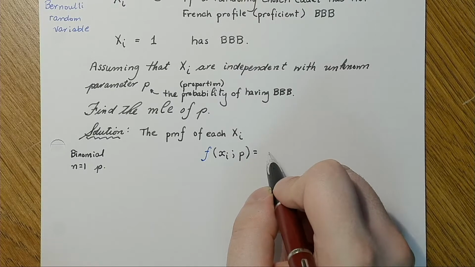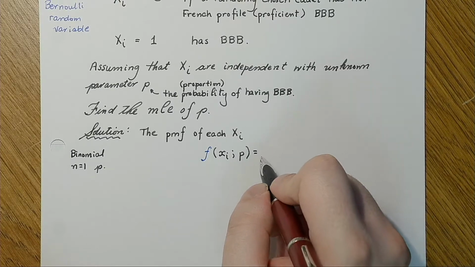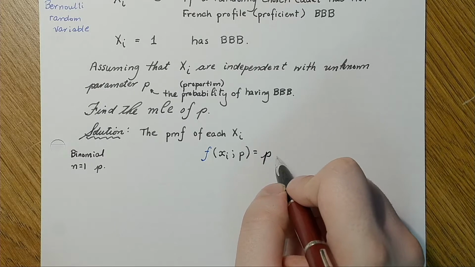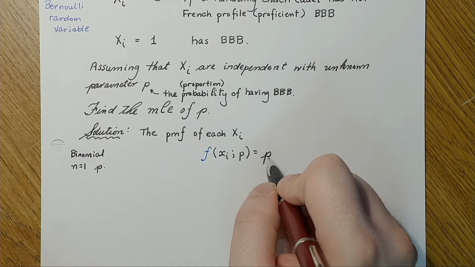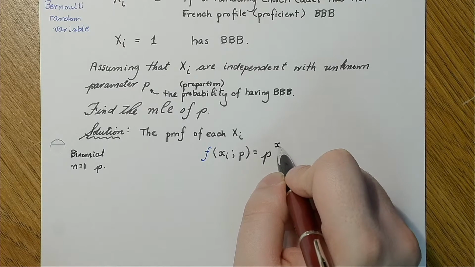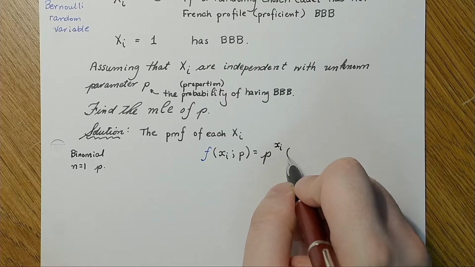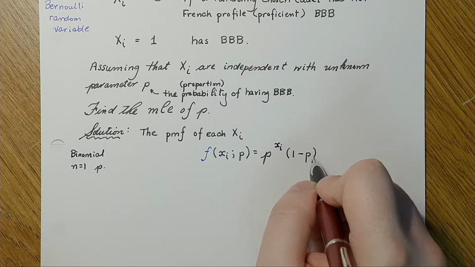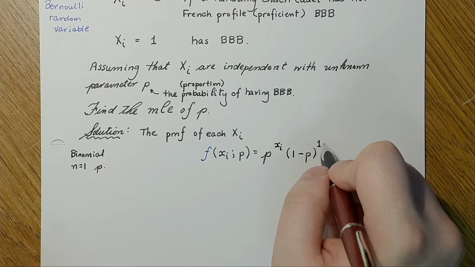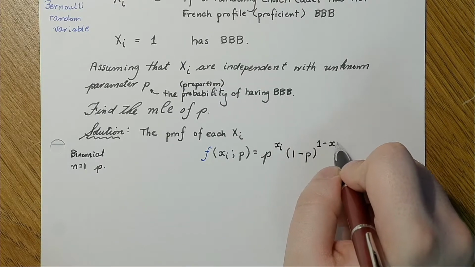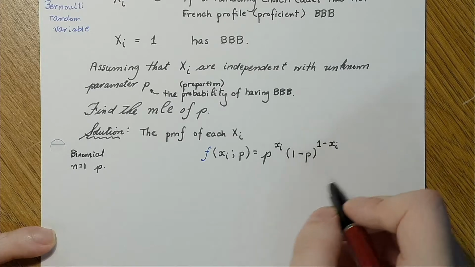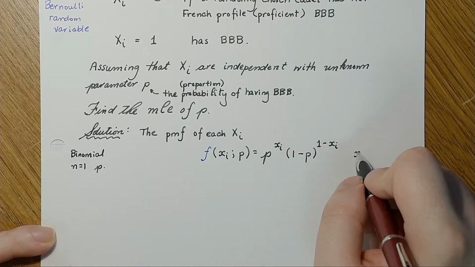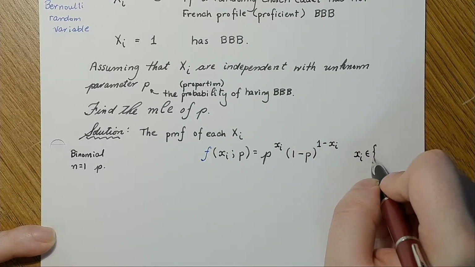So this would be either 0 or 1. You can think of it as p, and you'll have 0 or 1 up top here. And you would also have the probability over here, which would be 1 minus that. Right, and again, xi would be either 0 or 1.